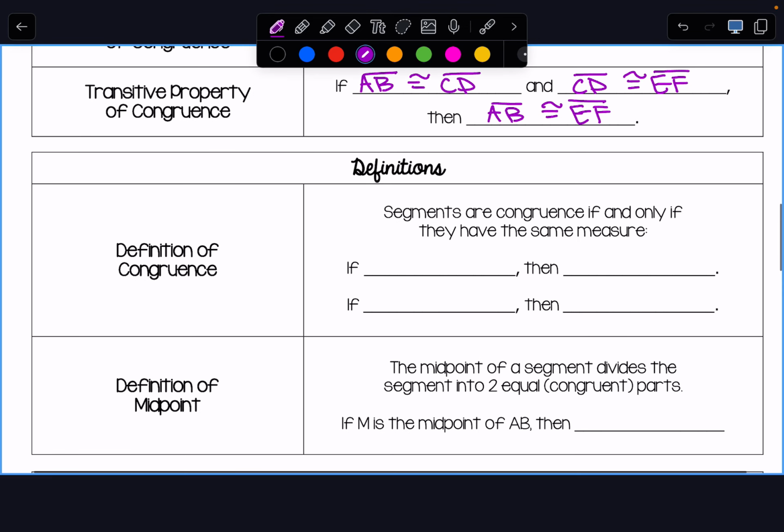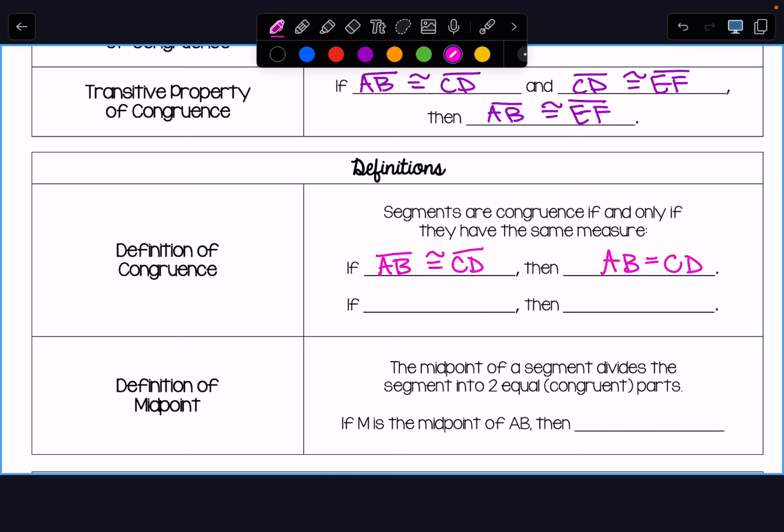Let's talk about the definition of congruence. So first of all, the definition is a biconditional statement, which means it's one of those if and only if. So segments are congruent if and only if they have the same measure. So this is what we know. The definition of congruence: if AB is congruent to CD, then we know that their measures are equal.